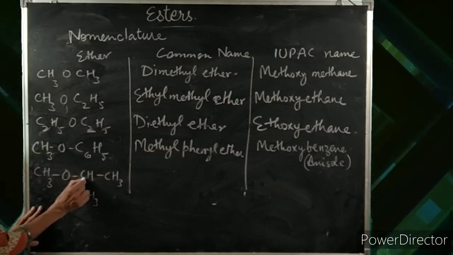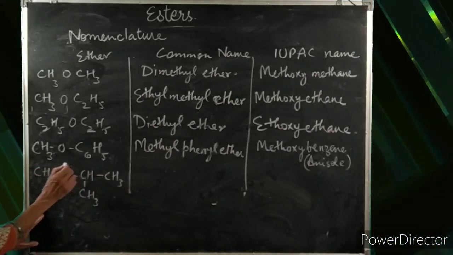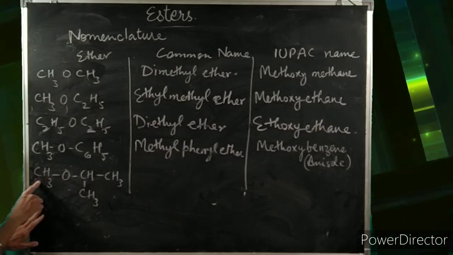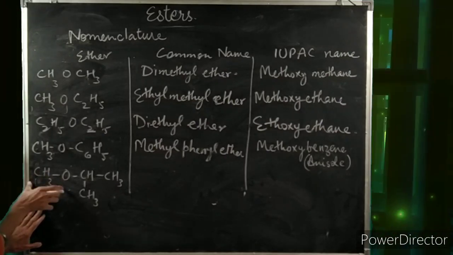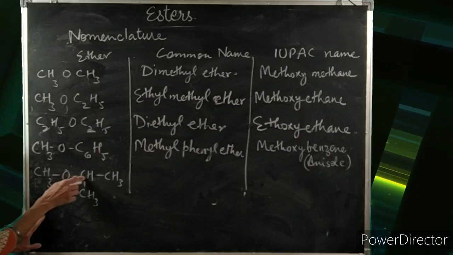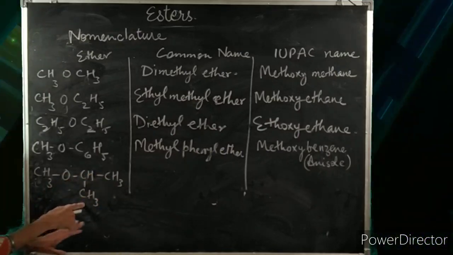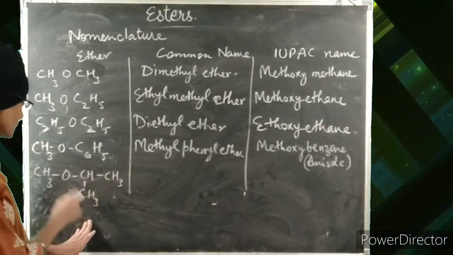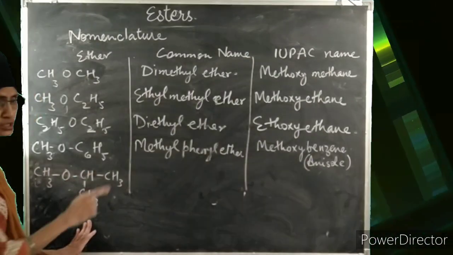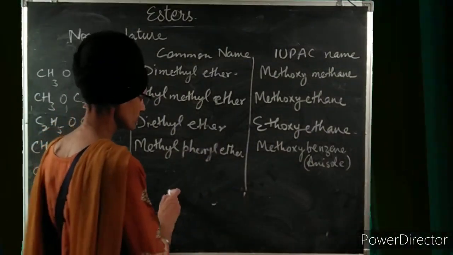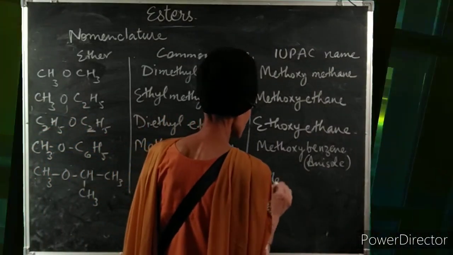The second carbon is where the methoxy group is attached. Methoxy, because one carbon is here, so it will go along as the alkoxy. So methoxy is attached at the second carbon of propane. The parent chain is propane. It is 2-methoxypropane according to the IUPAC name.